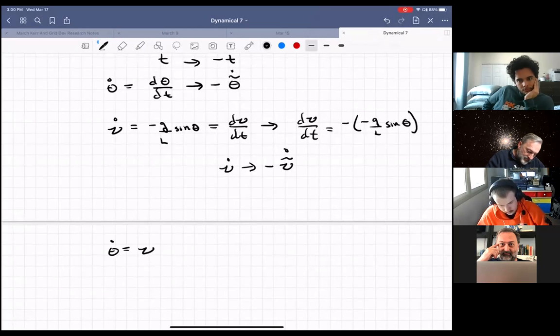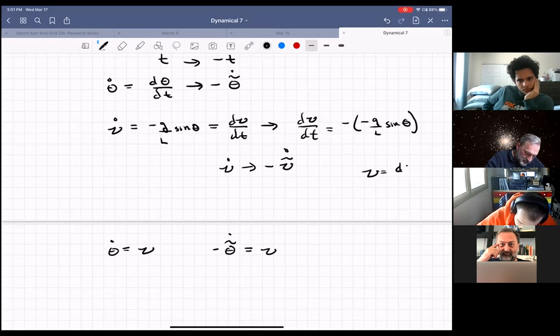Okay, so theta dot becomes minus theta twiddle dot, so that's apparently equal to nu. Oh, but nu is d theta dt. That's how I'm going to get away with it.